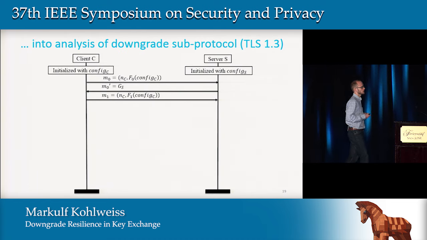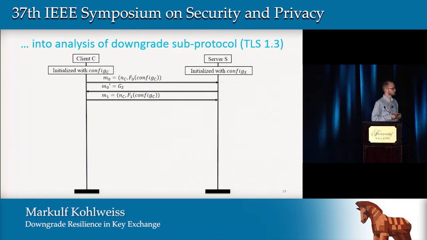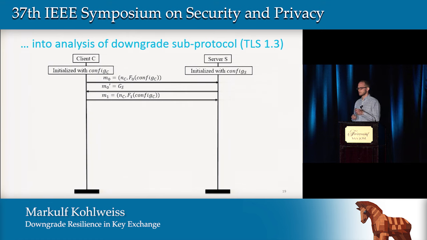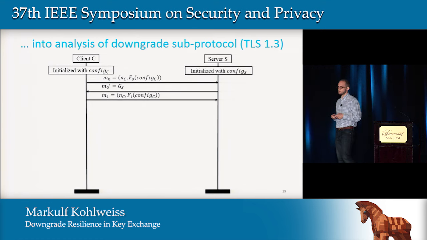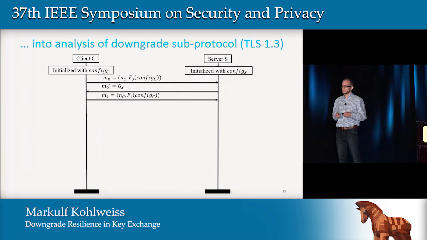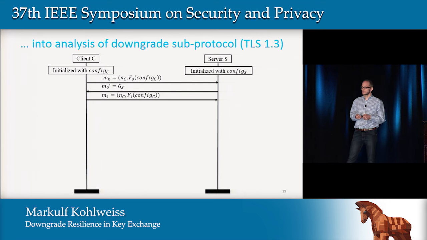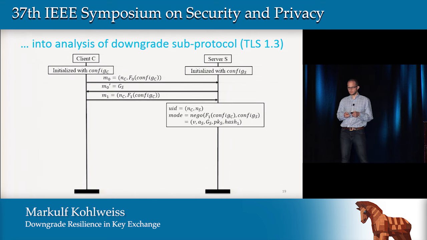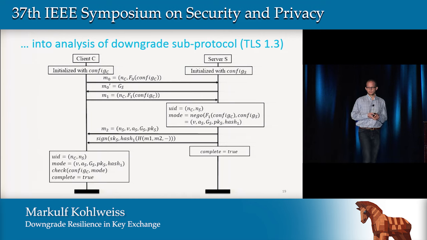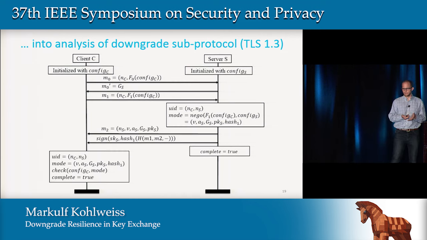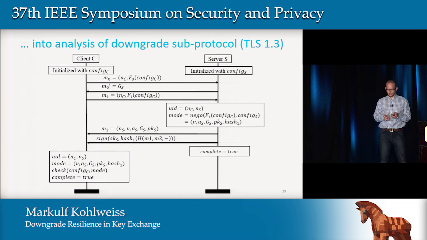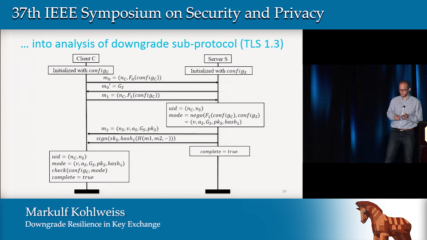So here is the downgrade sub-protocol. It starts off by the client sending its negotiation proposal. The server can reject proposals if it doesn't support any of the groups in that proposal, and then the client sends a new proposal. After that, the server chooses its mode and signs the whole transcript until then to the client.